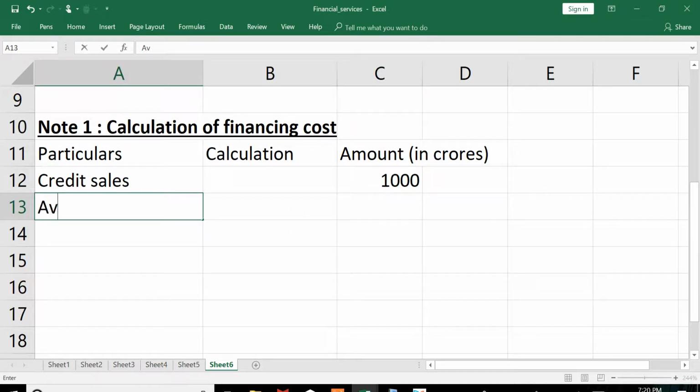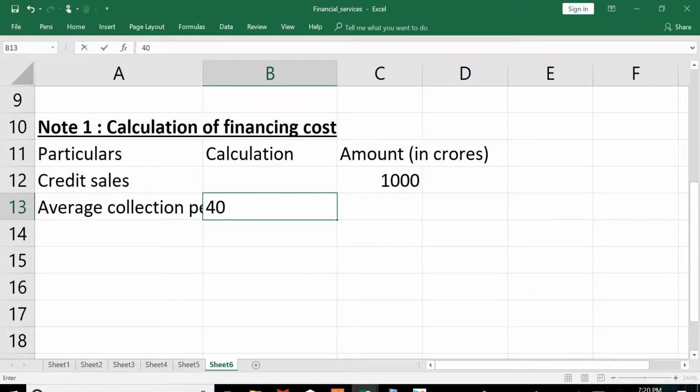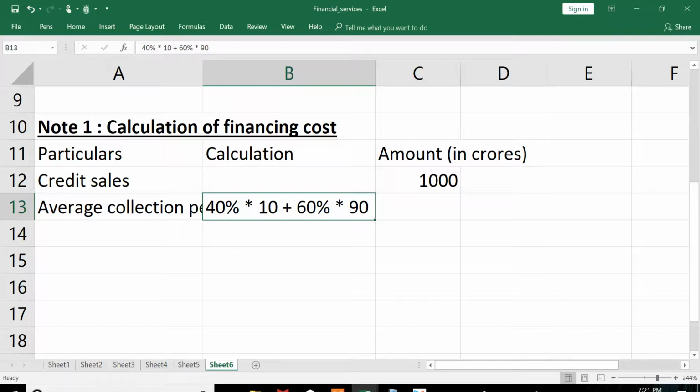Then I write the average collection period. What is my average collection period? It is 40% into 10, because 40% of the people pay in 10 days, plus 60% into 90. The balance 60% pay in 90 days. They are not paying in 30 days. I have been telling them to pay in 30 days, but they are paying in 90 days.